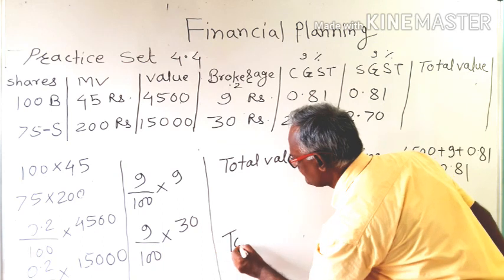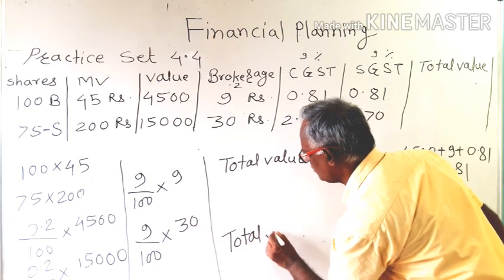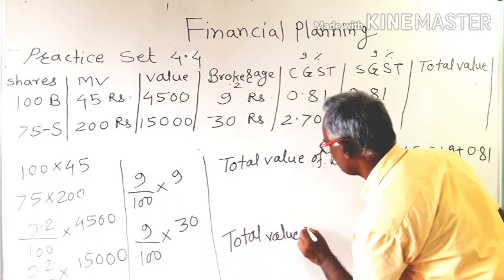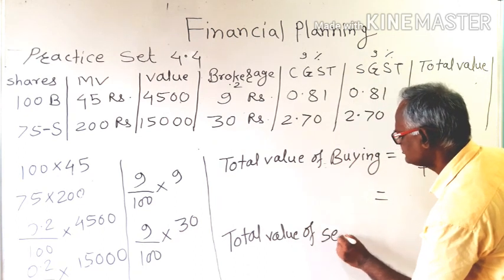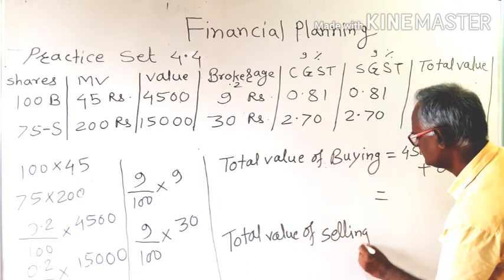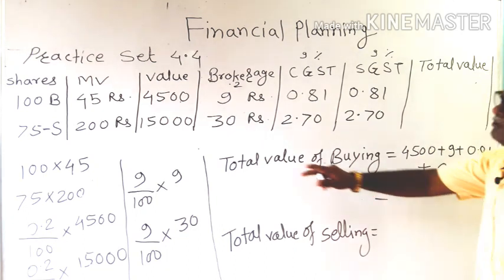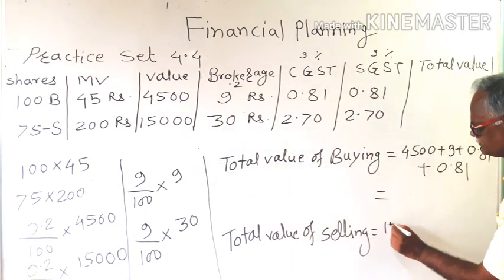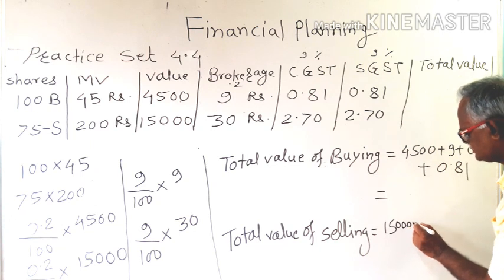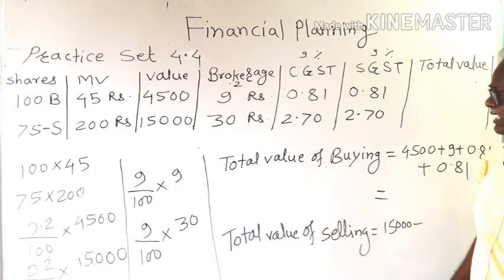But the total value of selling is equal to 15,000 minus, try to understand the difference here.